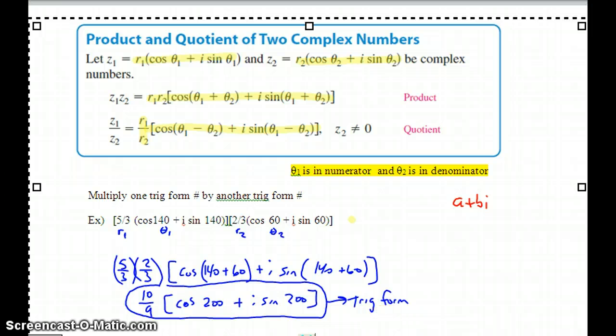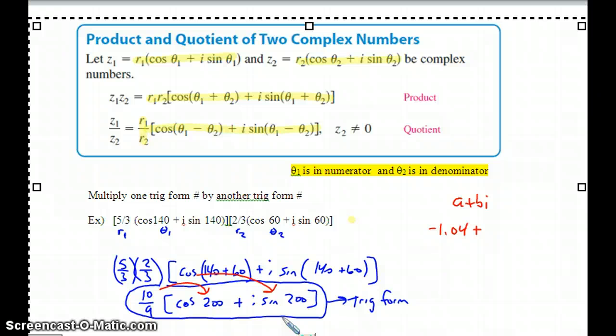So when I do 10/9 times the cosine of 200 degrees, I end up with negative 1.04. So now to get this form, again, I'm just using the distributive property. To get the second portion of it, if I want to leave it in standard form, I would do 10/9 times the sine of 200 degrees.